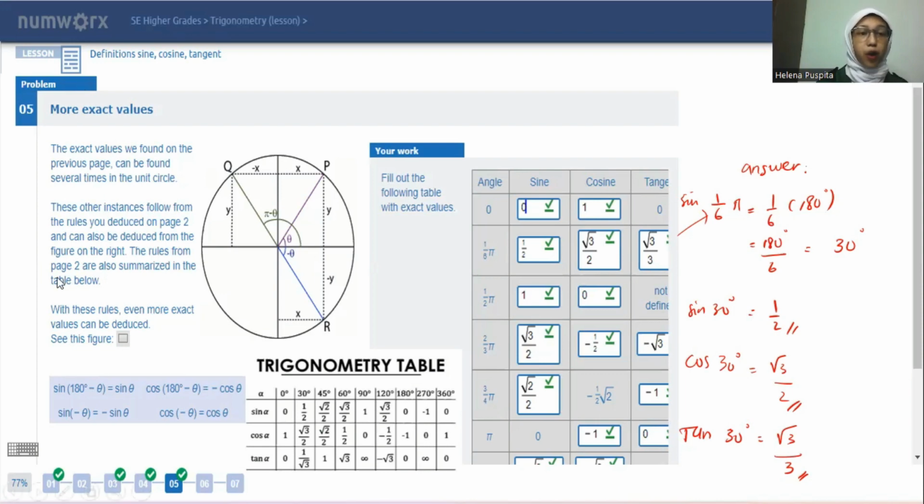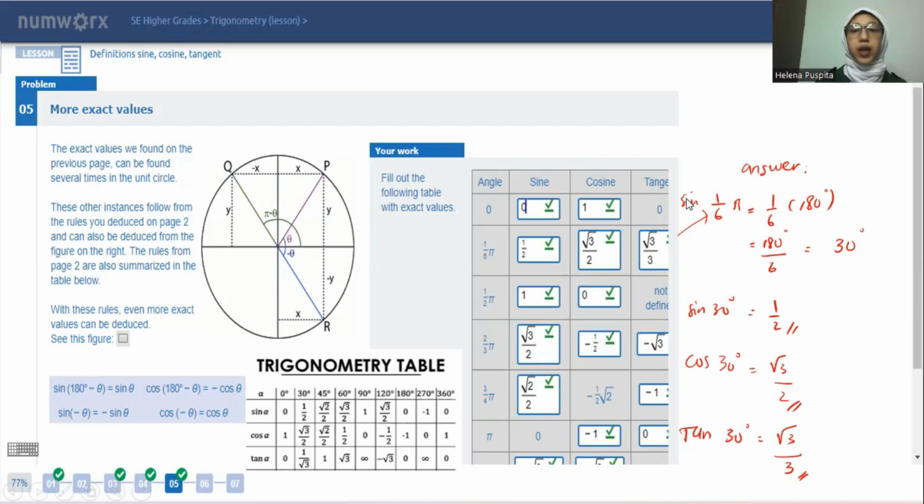The rules from page 2 are also summarized in the table below. With these rules, even more exact values can be deduced. See this figure. We have the formula and trigonometry table.